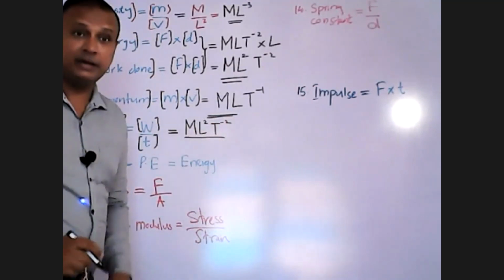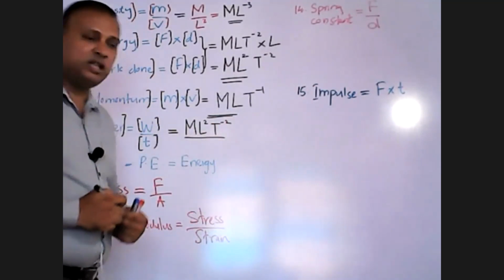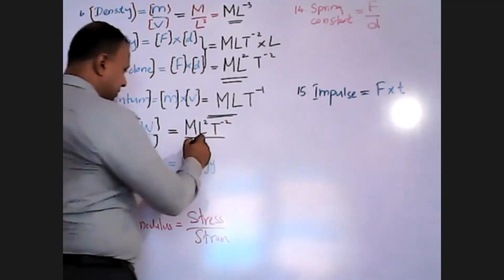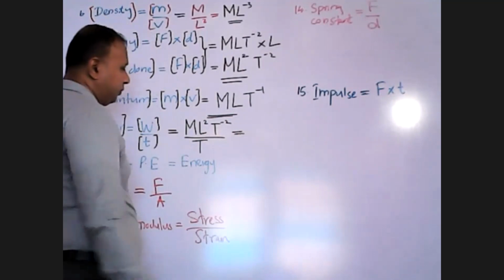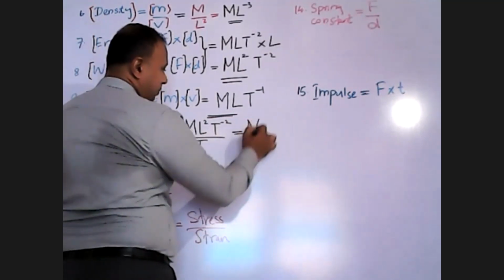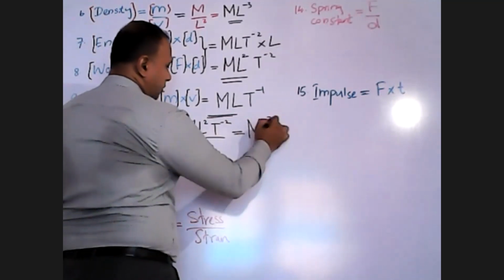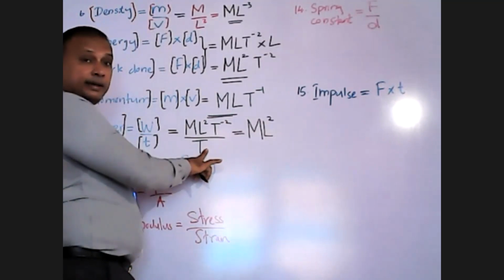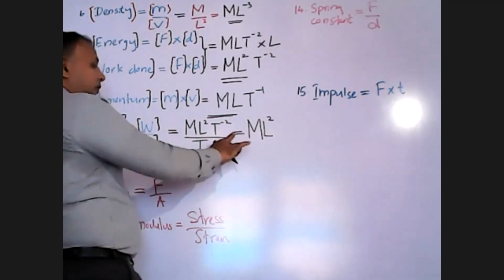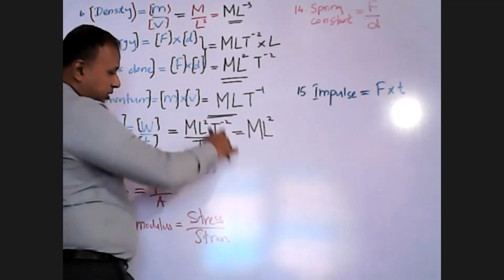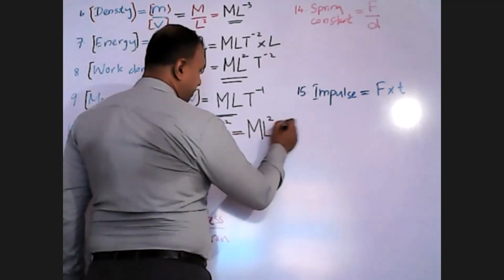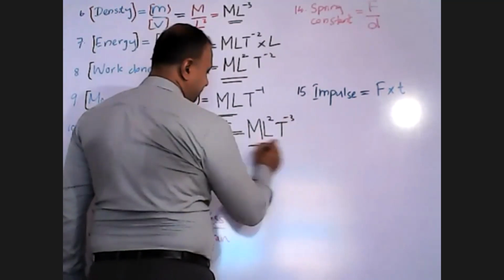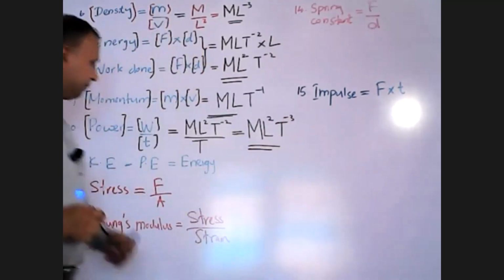ML squared T minus 2 over T. So this is equal to ML squared T minus 3.